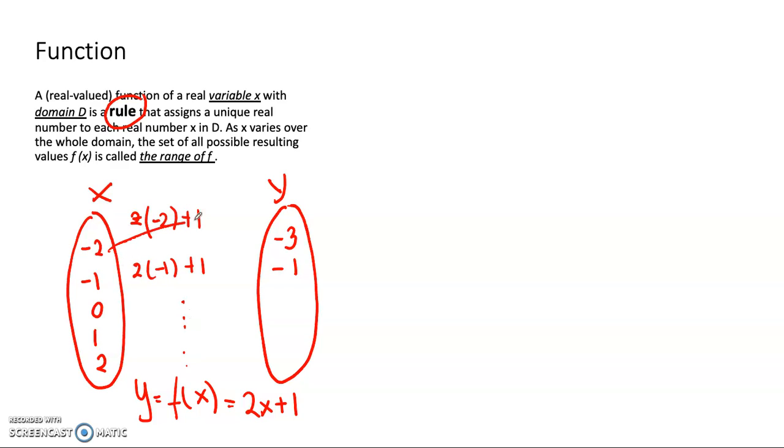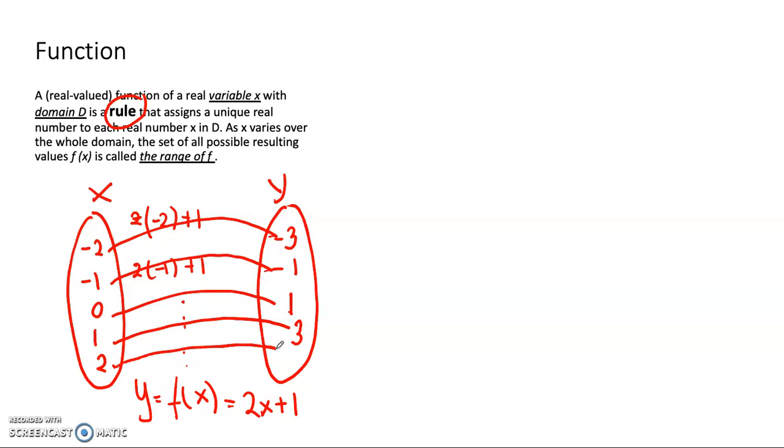The rule assigns each variable of x with one variable of y. This would be 1, and this would be 2 plus 1 is 3, and 2 times 2 plus 1 is 5. So this would be the rule, function f of x.